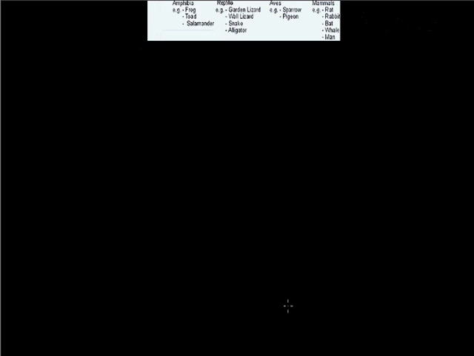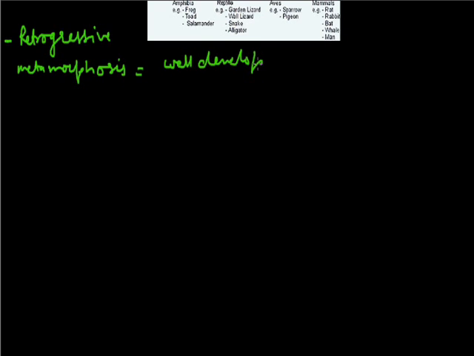Here we discuss the Urochordates. Urochordates show retrogressive metamorphosis. Retrogressive metamorphosis means the animal shows a well-developed larval stage and a less developed adult. The larval stage is more developed in the animals.